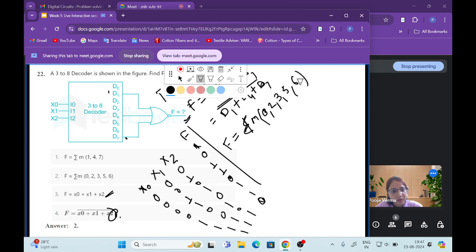These are the possible minterms where the output is 1. So 0, here it is 2, here it is 3, it is 5 and it is 6. Okay, so option 2 is the correct answer from here.